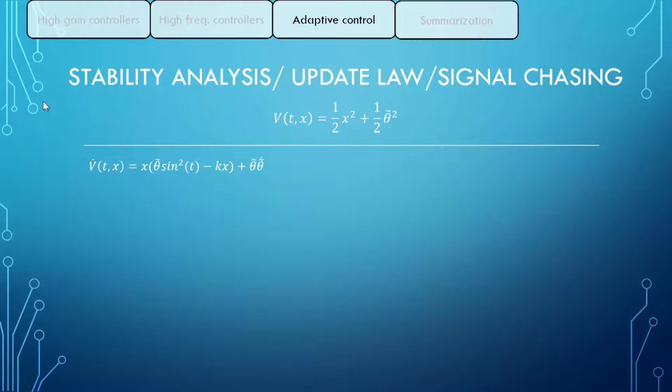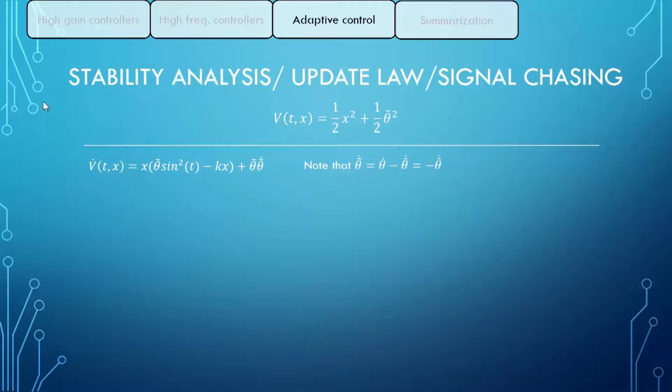So take the time derivative of this, which you will obtain x times x dot plus theta tilde times theta tilde dot. So what is theta tilde dot? Theta tilde dot by definition is the time derivative of the difference between the unknown parameter and the estimate.